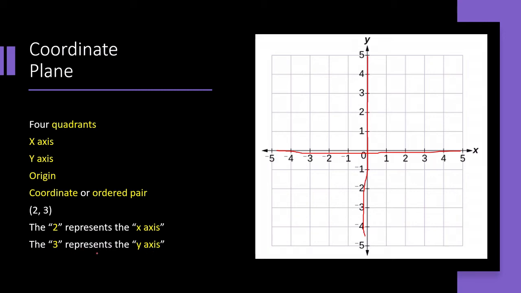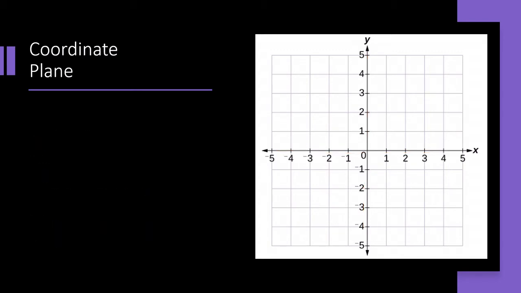Okay, very nice. So now let us start plotting or finding some coordinates. For example, let us look at this first coordinate right here. This is going to be 2 comma 3. So remember, my friends, that the first number represents the numbers on the x-axis, and the second number, the 3, represents the number on the y-axis.